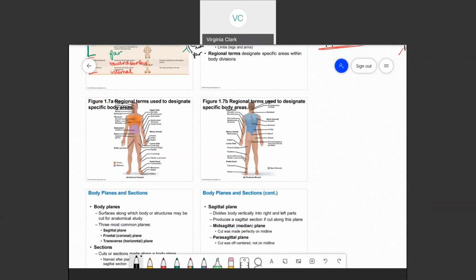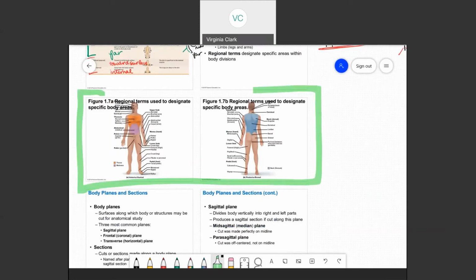Okay, I'm not going to go through these guys in detail, but you need to go through and review all of these. So this is essentially what I was saying when we're all learning how to speak Spanish, is we're all learning to speak the same language about the human body. So this is going to be the front right here. This is going to be the back. And these are all terms.